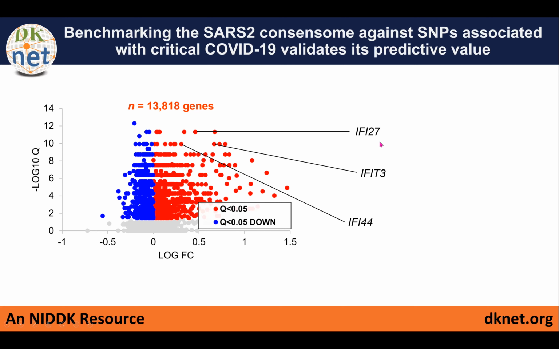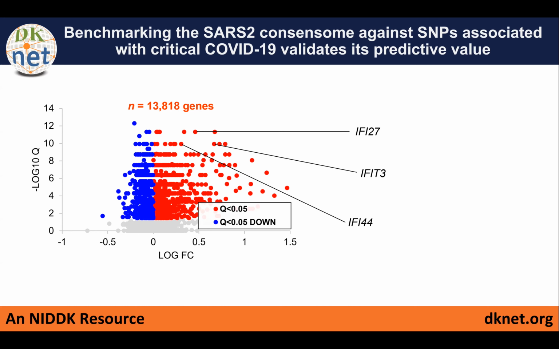For example, the role of interferon in the innate immune system is obviously very well defined, and so we would expect to see high rankings for things that are known to be regulated by interferon.